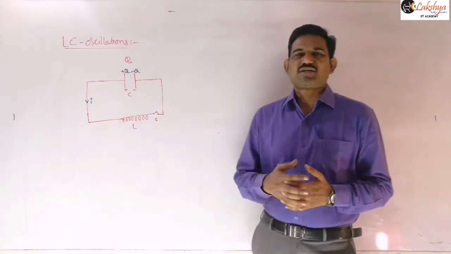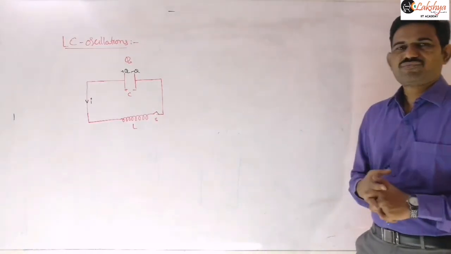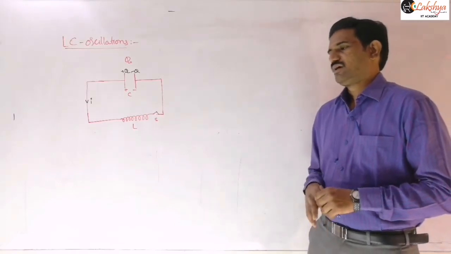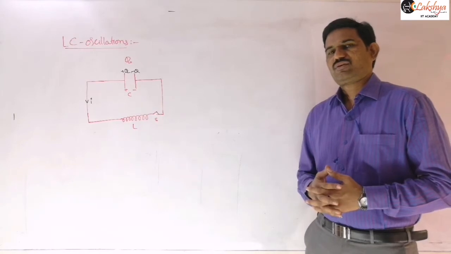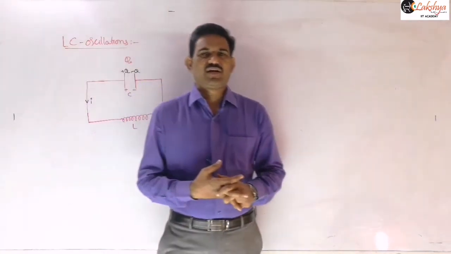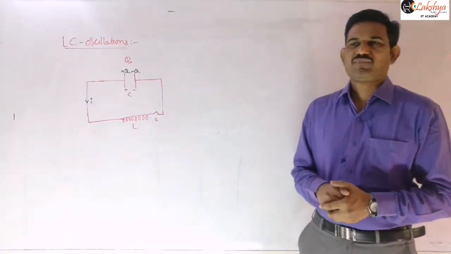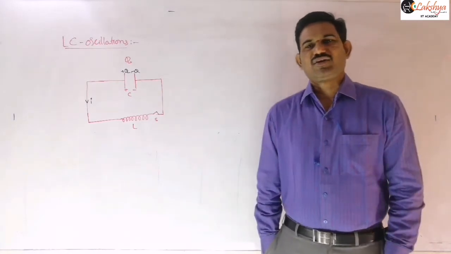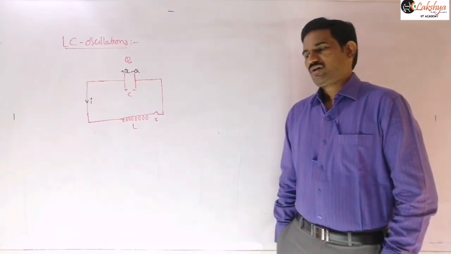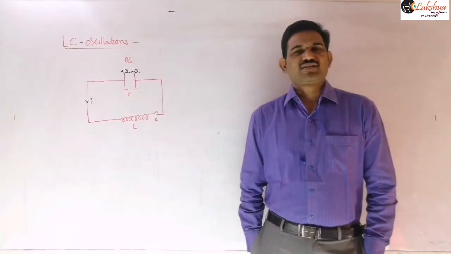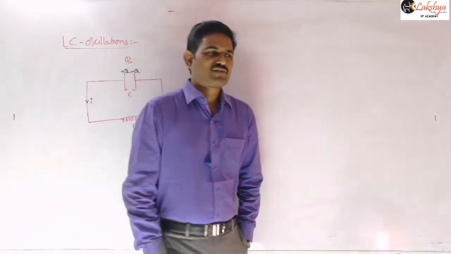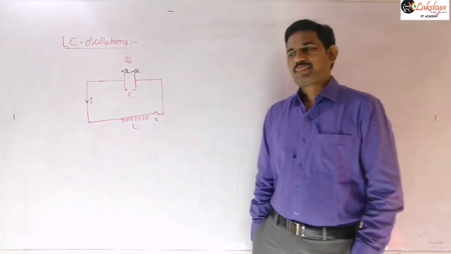Then charging of the capacitor takes place in the opposite direction until the total energy converts into energy in the electrostatic field across the capacitor. And so this process of charging and discharging of the capacitor takes place continuously.